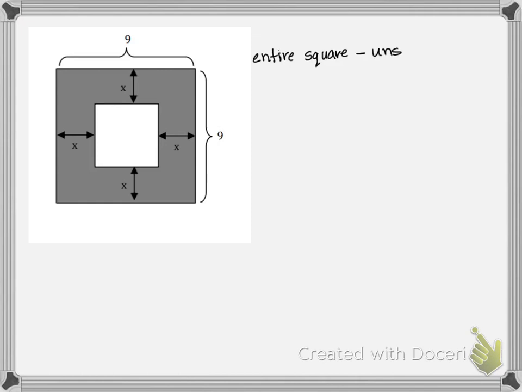minus the unshaded square. So we're finding this whole thing, and then we're cutting out this one. So we're making a square donut, basically.